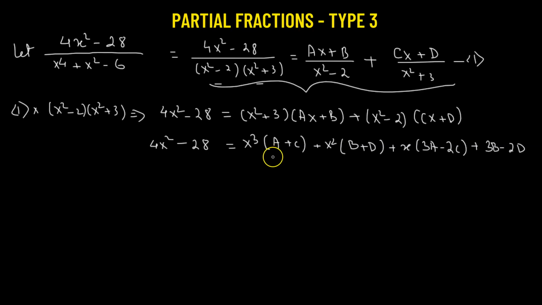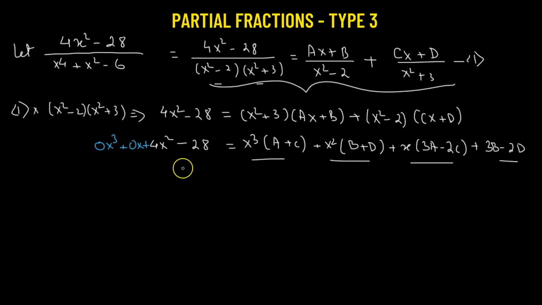Now clearly on the right hand side we have four terms. The first term contains x cubed, the second contains x squared, the third contains x, and the fourth is simply the constant term. However, on the left hand side we only have two terms, but we can rewrite it to have four terms: 0 times x cubed plus 4x squared plus 0 times x minus 28.